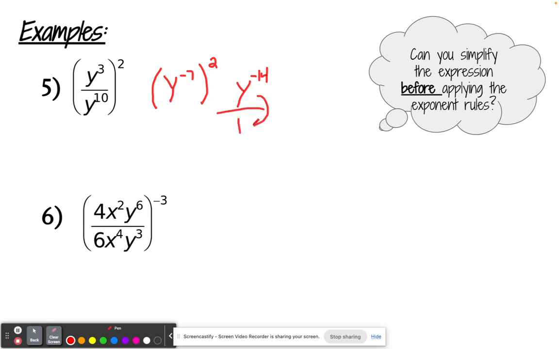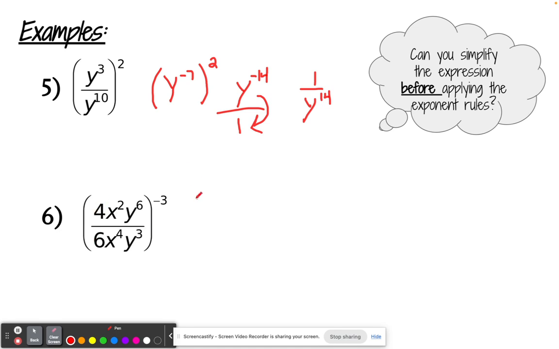So now I'm going to take that negative 14, move it downstairs. I'm going to have 1 over y to the 14th power. Could I have moved that downstairs earlier? Yeah, I could have had 1 over y to the 7th and then raise that to 2nd power. But I did that for a reason, which we might see here.